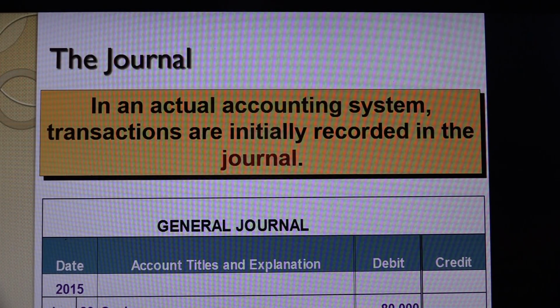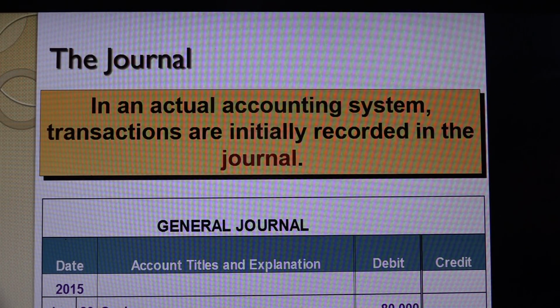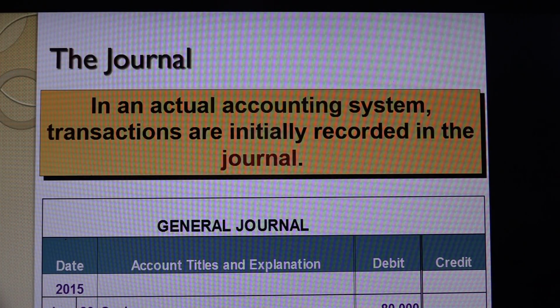That's a very important part of this, is explaining what each transaction is about with an explanation. And that is part of your what we call journal entry. And then the software simply turns around and places the 80,000 for cash in the cash ledger account and the 80,000 capital stock in the capital stock ledger account.